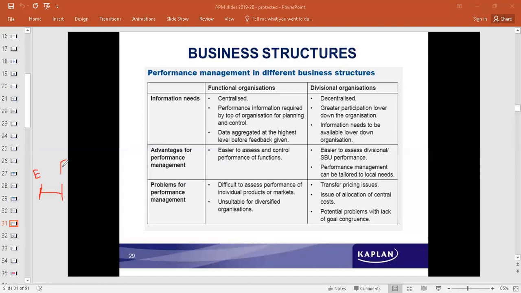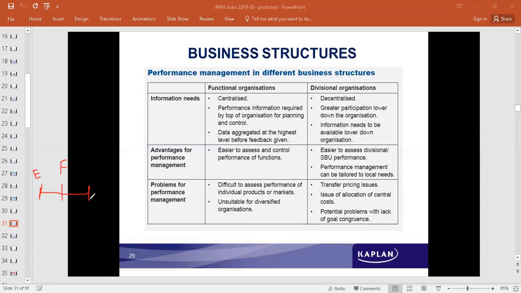If it is further increased in size, then it becomes difficult to manage by the management. The manager or the management cannot manage it. So then what is decided for such an organization? They are divided into multiple parts. Maybe they are divided into divisions or departments or strategic business units. So to manage it effectively, when they are divided, a manager is appointed for each division.